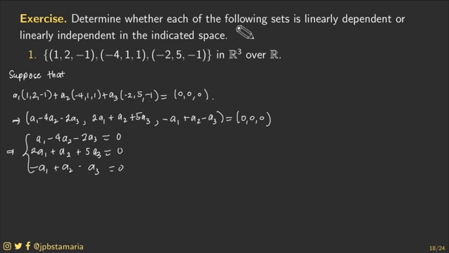If there's a non-trivial solution, then the set of vectors is linearly dependent. You can get a_i's, not all of which are zeros, that make the equation true. If the only solution is the trivial solution, that translates to linear independence.